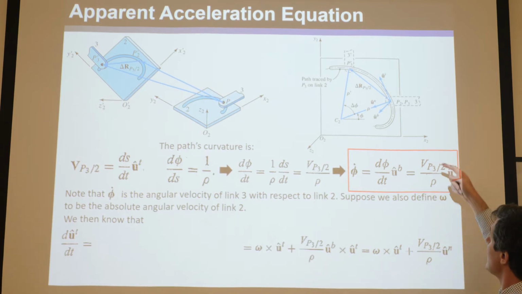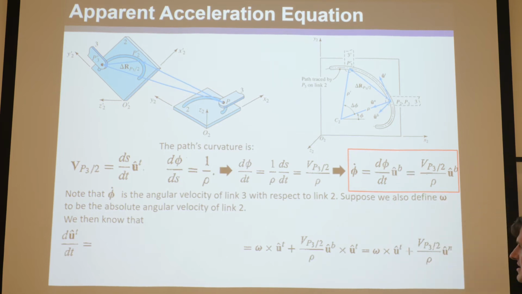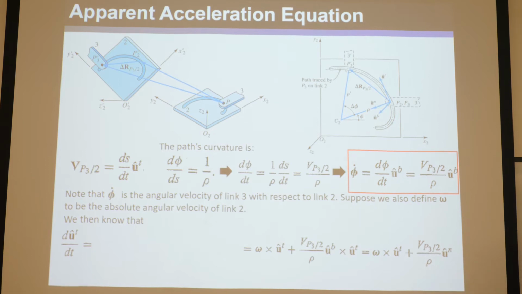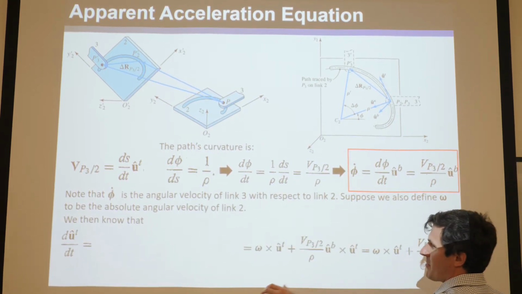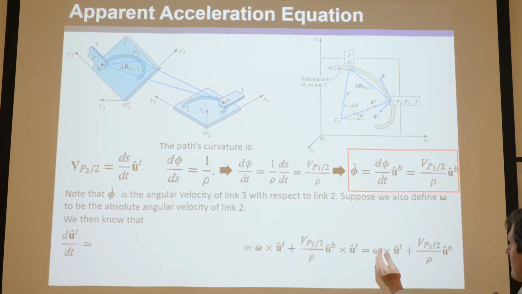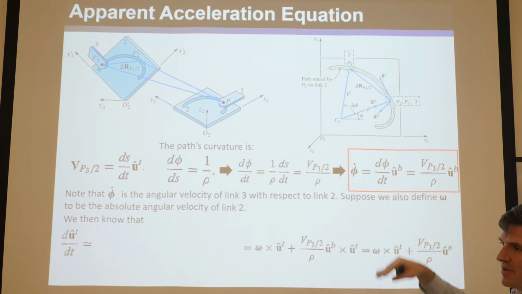And it's going to point in the UN direction, because UB cross UT is UN. So we could simplify this to just that plus this, where this is UN. We're going to remember that the derivative of ut with respect to time is this. I'll put it up there some other time, but that's one to write down and know.